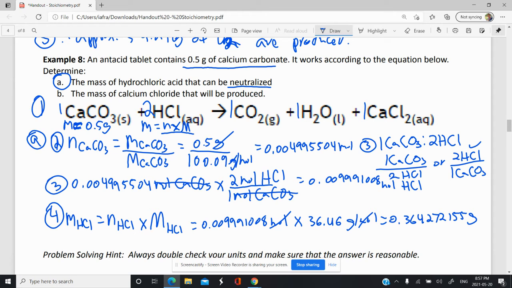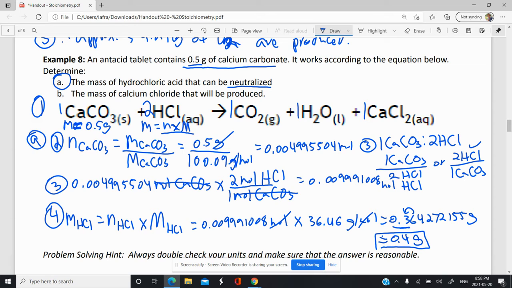Now we do have to be careful. We have to make sure that we follow our Sig Fig rules. So let's take a look at our Sig Fig rules here. We said we have 0.5 grams. So we only really have one Sig Fig. So we're going to stop it here. That can round up to 0.4 grams. 0.4 grams of HCl that could be neutralized.